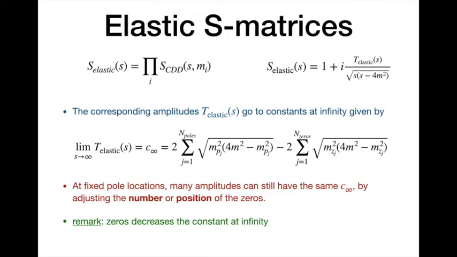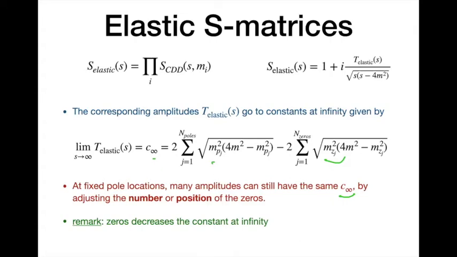Don't look at too much of the details, but the idea is that even at fixed pole locations, which is our case, many amplitudes can have the same C infinity by adjusting the number of zeros. You want to fix C infinity and you ask, is that enough to fix my amplitude? You fix C infinity and the poles, is that enough to fix S elastic?